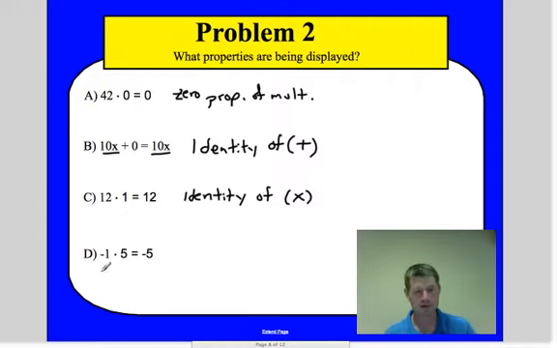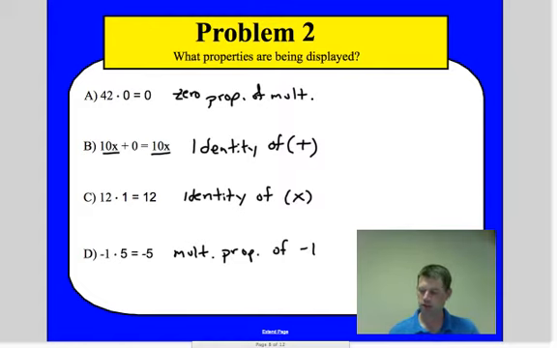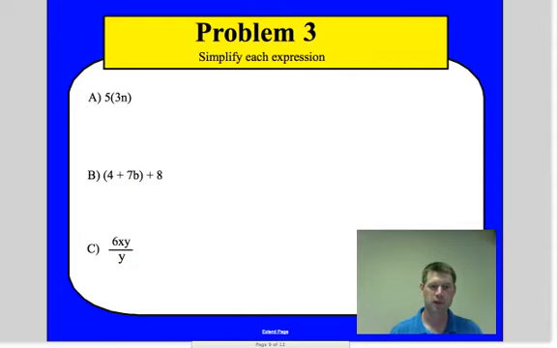Okay, and the last one, negative 1 times 5 is equal to negative 5. Okay, that was just the last one we did for the examples. That is the multiplication property of the -1. Okay, multiplication property of -1. It's just allowing us to change the problem.